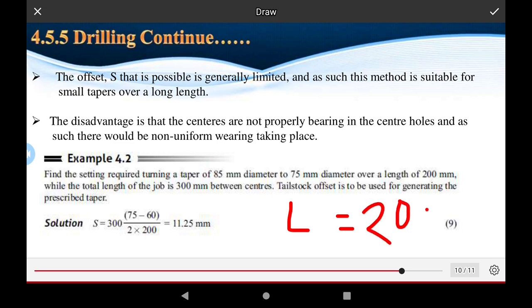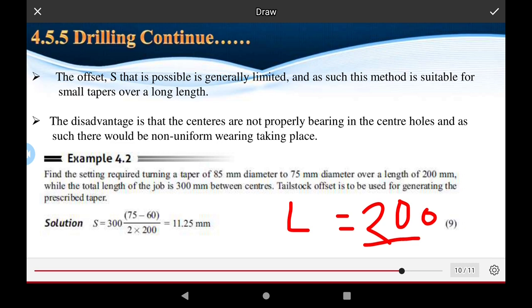Okay, 200. This is the taper operation performed, but the total length of the workpiece is 300. Okay, but the taper turning operation is performed only for 200.